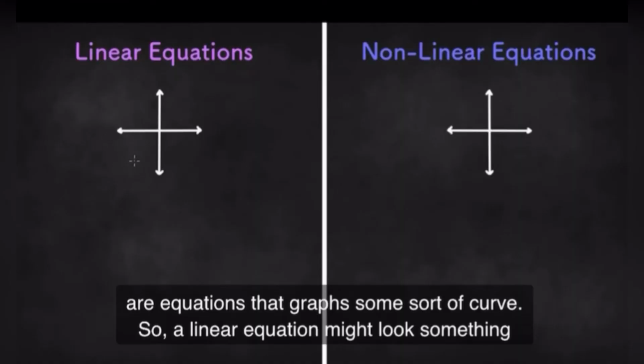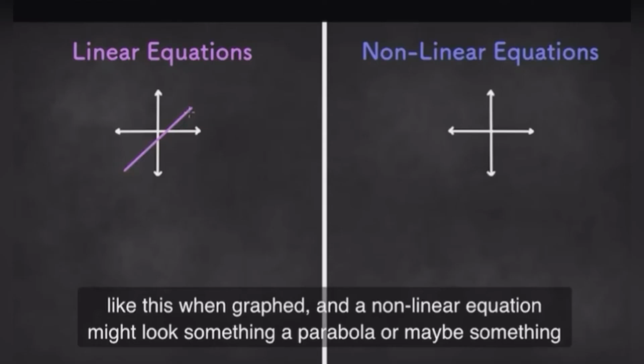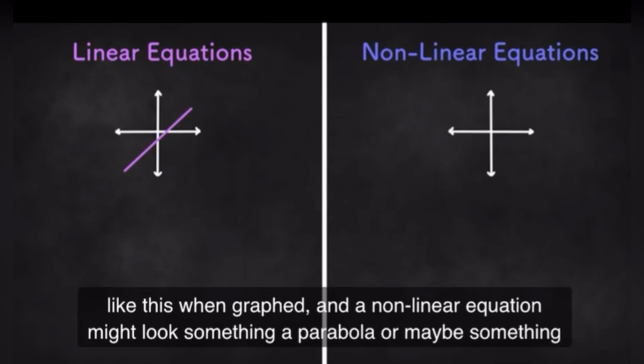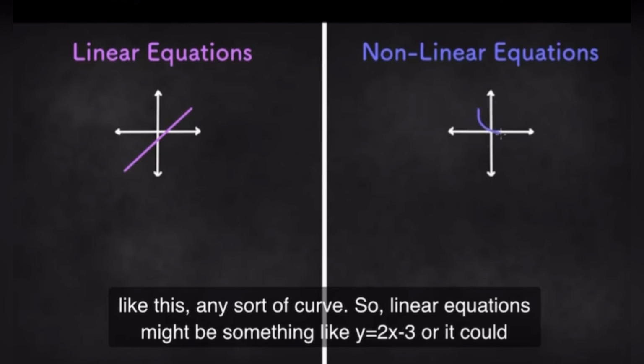So a linear equation might look something like this when graphed. And a non-linear equation might look something like a parabola, or maybe something like this, any sort of curve.